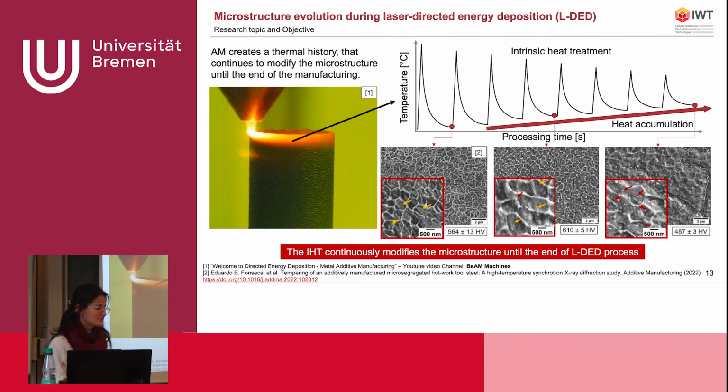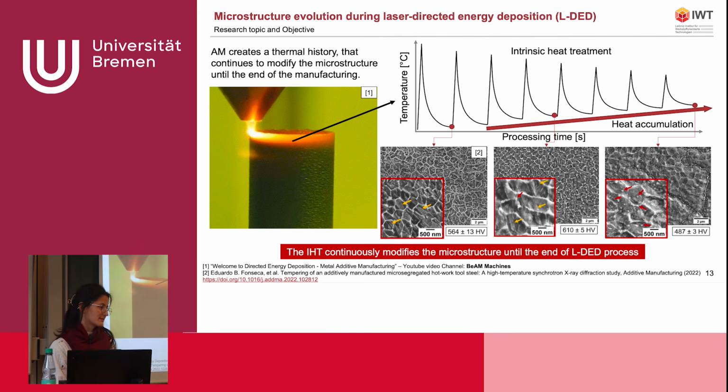So what happens is that this is the first layer, second layer, third layer that we deposit. And with the time, we see that there is a heat accumulation in the zone that we consider. Here, let's say, for example, it will be a melting, a remelting again, and from this point, we will start to have, for example, reaustenitization or a phase transformation here, and or tempering.